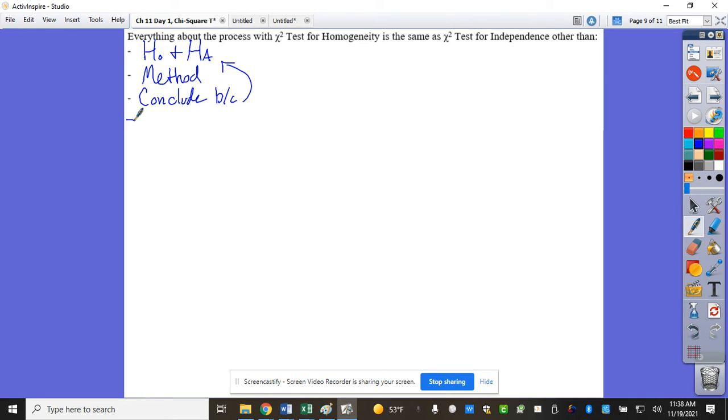And the only other thing, whether you call it different or not, if we've got two different samples or two different treatments, we're going to have to check the 10% condition for more than one group.